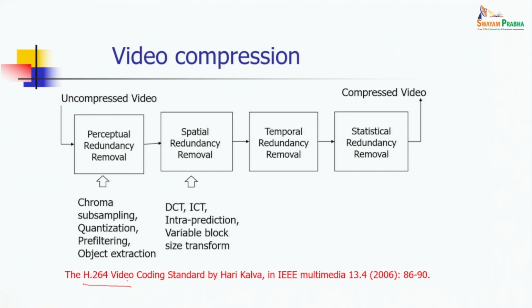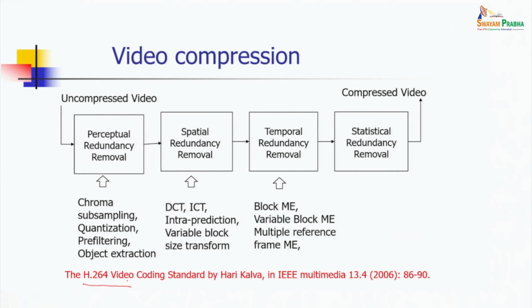A larger block gives better compression, but we may lose many details. So there is a trade-off, and that is why adaptiveness is useful for variable block size transformation.